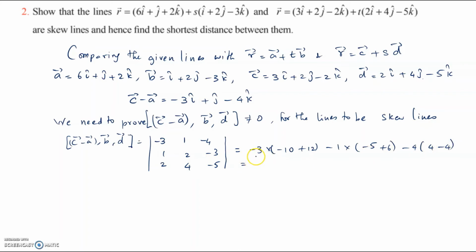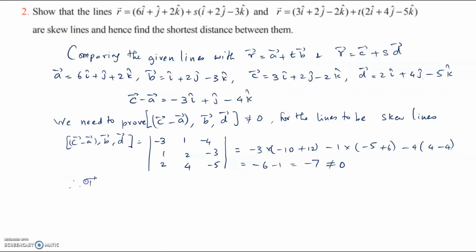That would be equal to −3 into 2, that is −6, and −1 into 1 is −1, and this will be 0, so that's equal to −7, and that's not equal to 0.